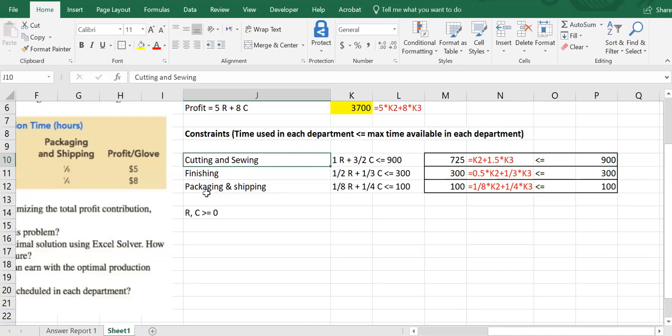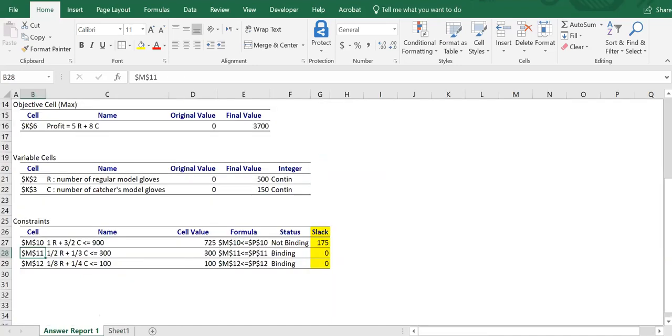In finishing and packaging and shipping there is no slack, but in cutting and sewing there are 175 labor hours, production hours available that will not be used. So that's considered slack.